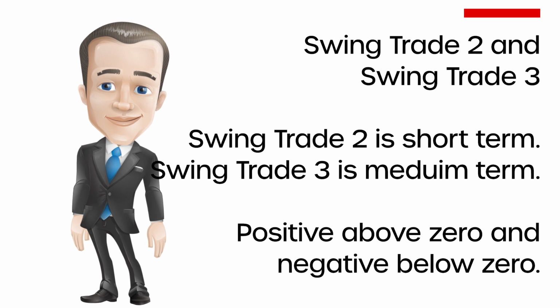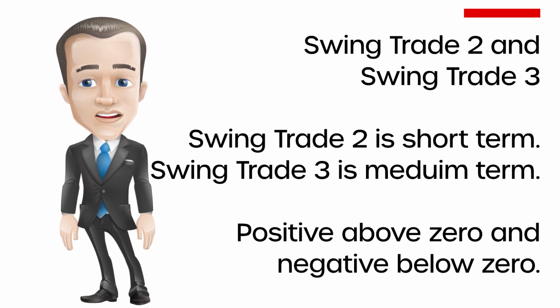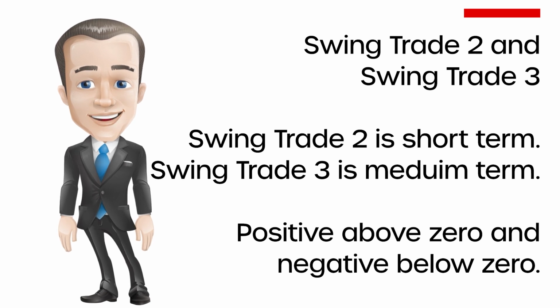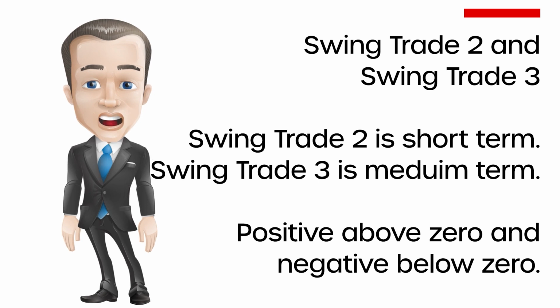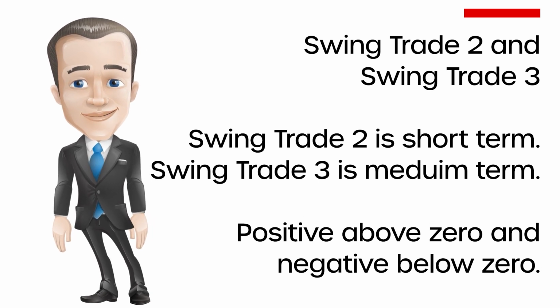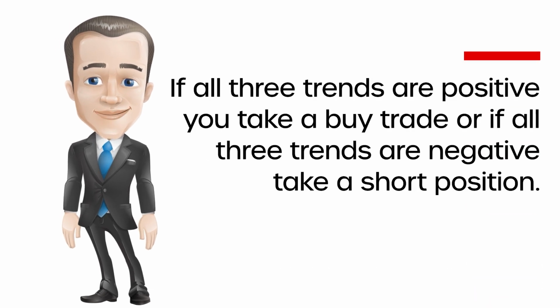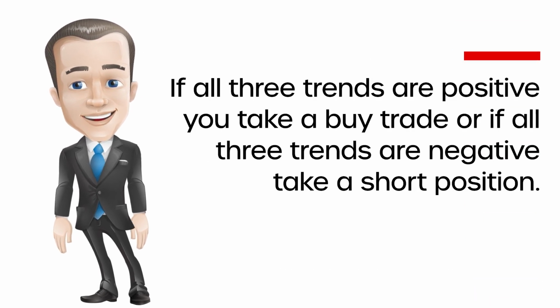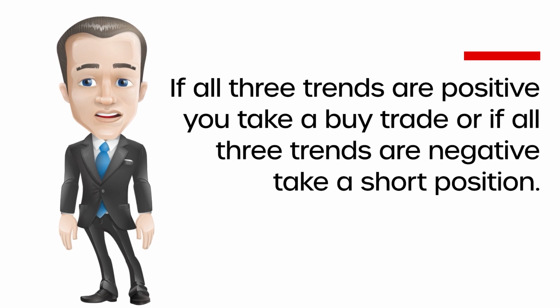Swing trade 3 is the blue color and is the medium direction of the asset. It is positive when it is above zero and negative when it is below zero. If all three trends are positive, you take a buy trade. If all three trends are negative, you take a short position.